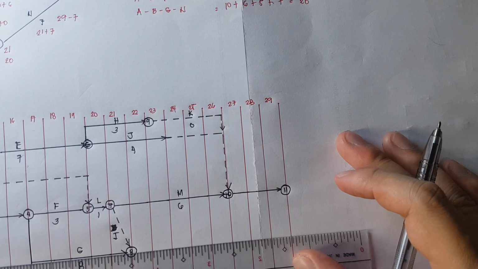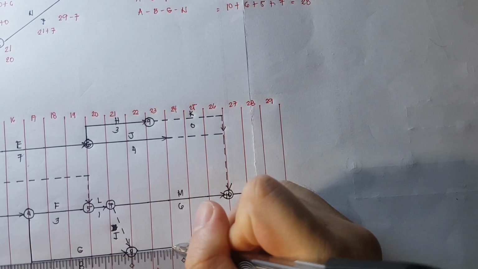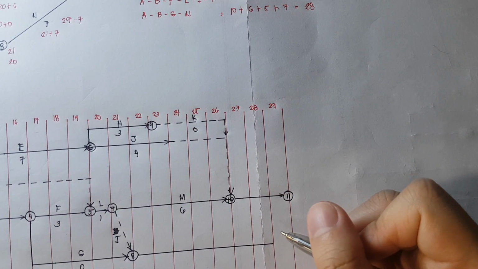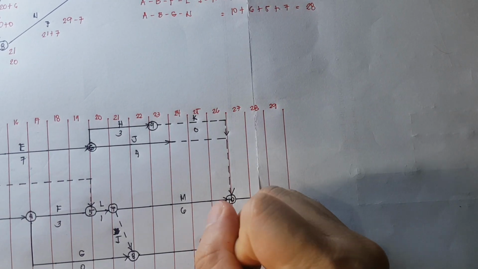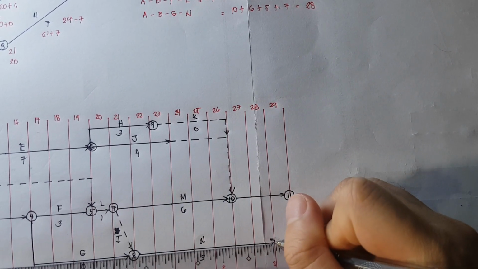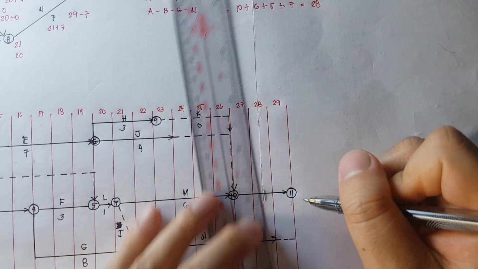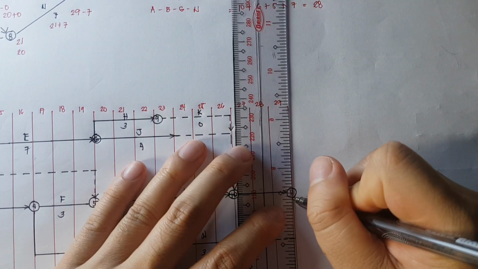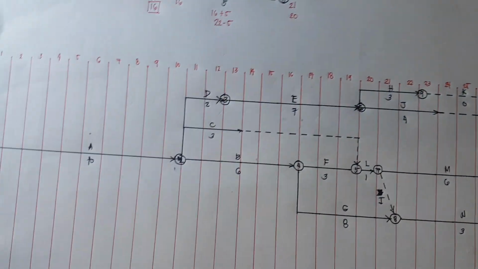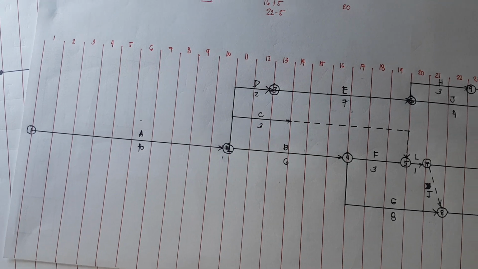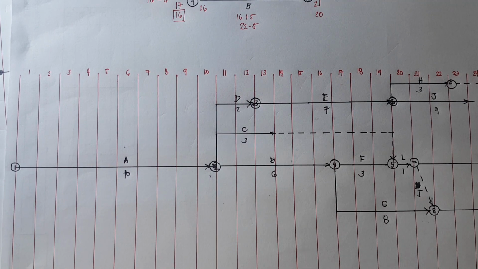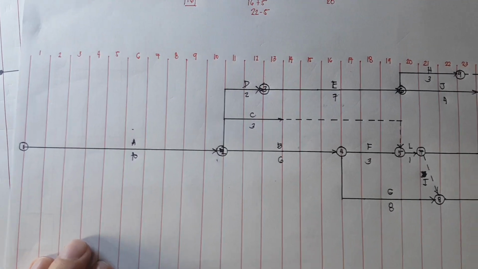So let's just draw 7 straight lines. 1, 2, 3, 4, 5, 6, 7. This is N. And that is 3 days. So we have one remaining day. Therefore, it is a free float. So connect it with a hidden line or broken line. So this is the diagram for our early start. This is our time scaled network for early start.